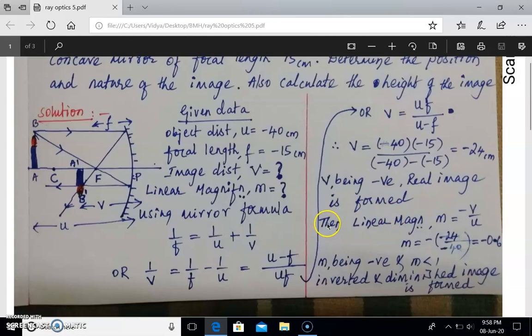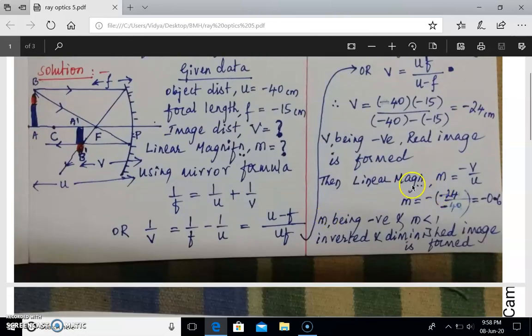Then we need to calculate the linear magnification, denoted by M. M equals negative of the ratio of image distance to the object distance. So object distance is given, image distance we have calculated, taking the ratio, applying the sign conventions.